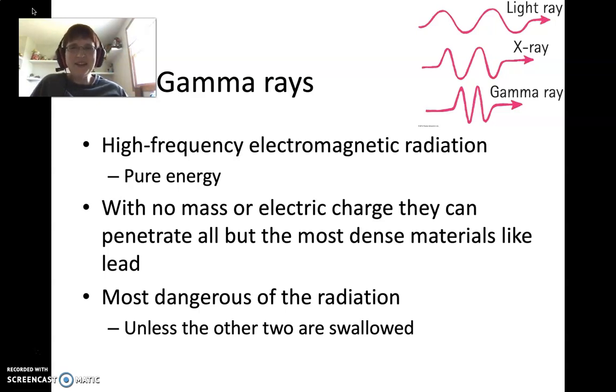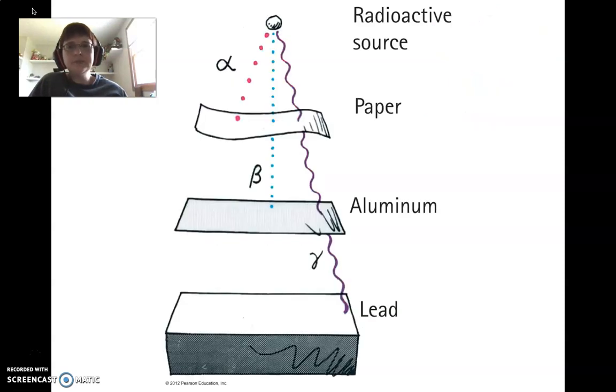I know that sounds funny, but if you swallow alpha or beta radiation, they're going to do quite a bit of damage because they bypass any of those protective layers like clothing or aluminum shielding or anything like that. They are going to be able to bypass that and do direct damage. And since they are big and or charged, they can do quite a bit of damage if they can get direct access to your tissues.